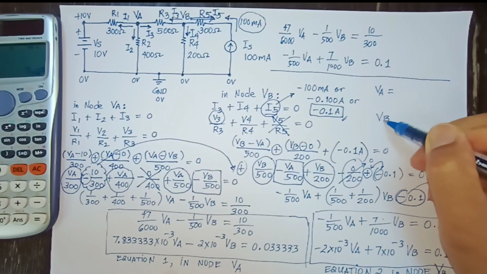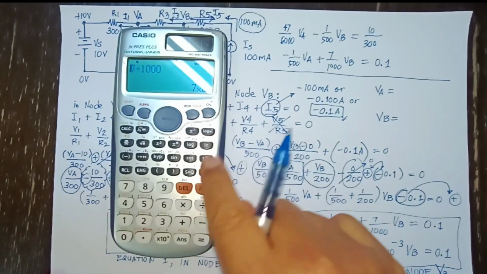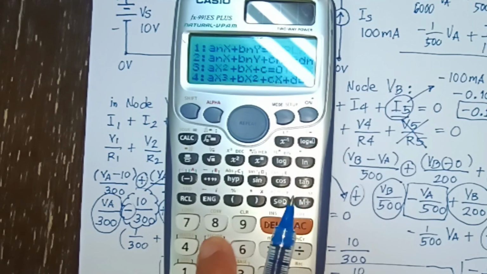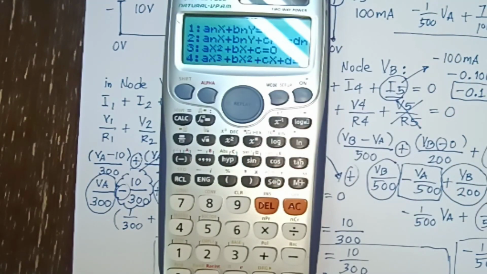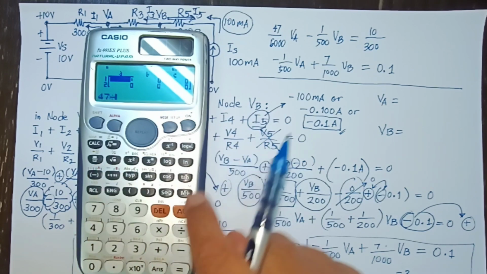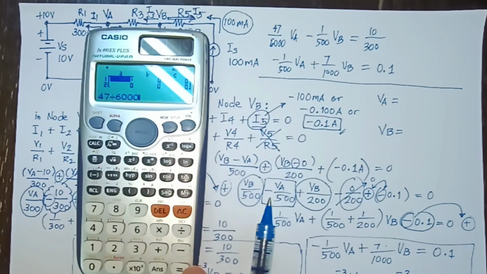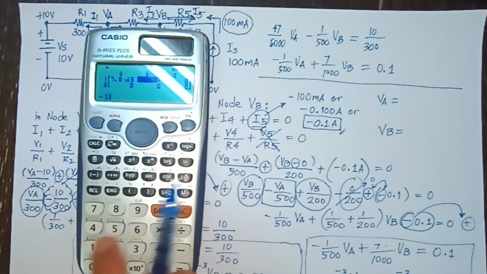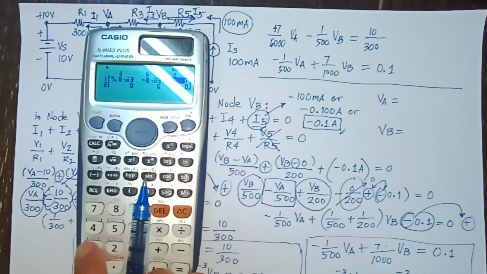Now, let's use a special function of the calculator to get the VA and the VB. This is the shortest way to get VA and VB. All you have to do is press mode 5, and then press number 1 to get the X and Y variable and constant. Then enter the fractional part there, 47 divided by 6,000, and then negative 1 divided by 500, and 10 divided by 300, and then press equal sign.